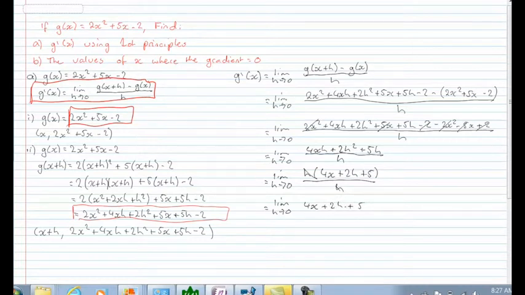Now as h approaches 0, we just substitute in 0 for this. So the limit as h approaches 0 is equal to 4x plus 2 times 0 plus 5.